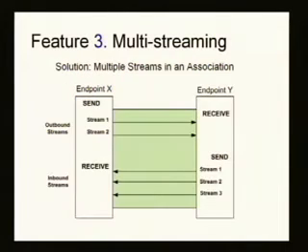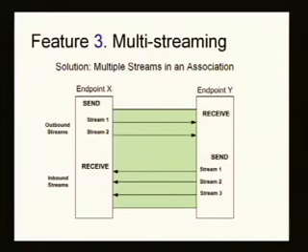The solution that the designers of SCTP came up with was that within an association, there are independent streams, and order is only maintained in a given direction on a given stream. That's the only thing guaranteed.